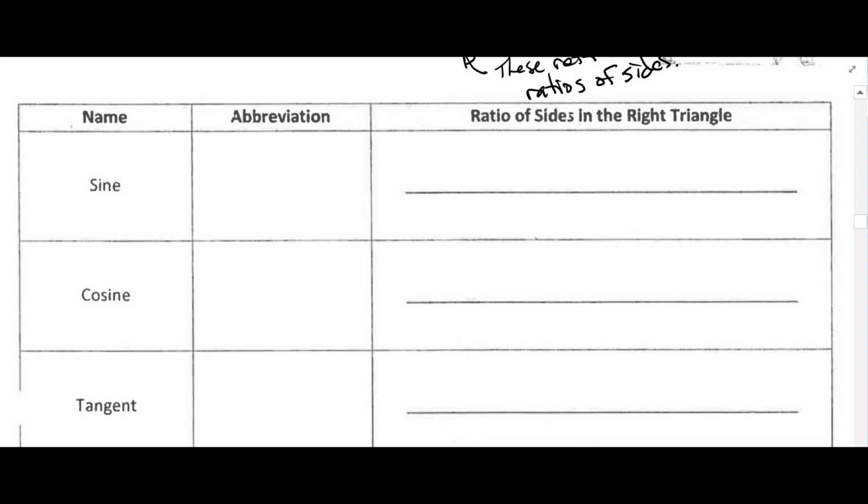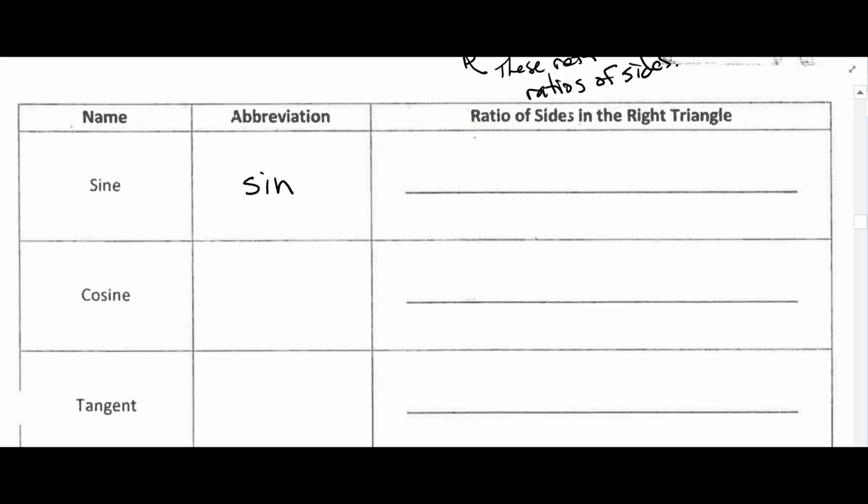You've probably seen these on your calculator or heard of them before, so now you're going to learn about them. So we have the sine, and we always pronounce it sine, even though in the abbreviation we don't use all the letters. We abbreviate it S-I-N, but we'll still say sine.